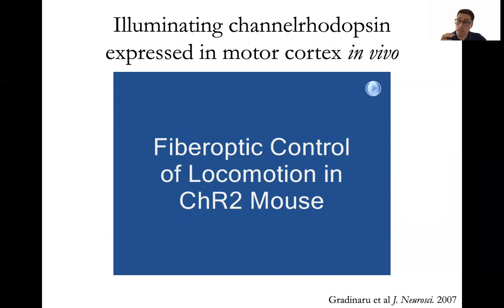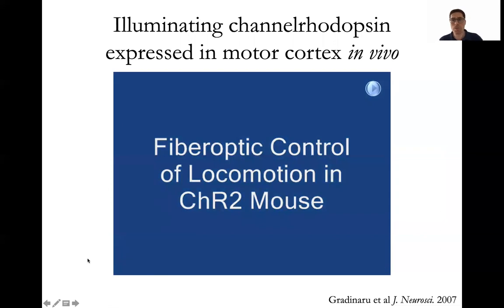Then they activated it with light using a fiber optic tether. They deliver the light to the animal remotely, essentially, just via a very small fiber optic wire, in vivo while it's in its cage, and then you can see the animal running in a circle because of the activation of motor cortex.